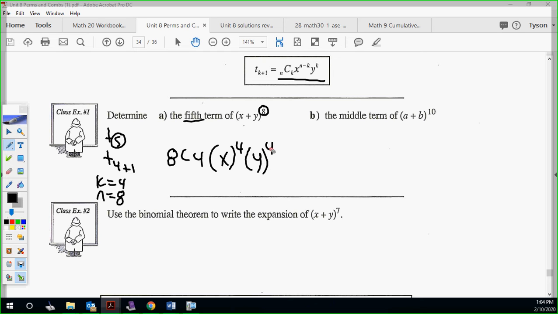Okay, if you're confused about the 8C4 thing, I will do this one time for you. This thing done out would be this. I won't do it all the way. I'll just do it till I need to.